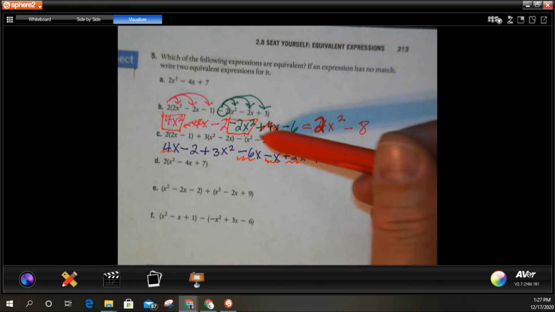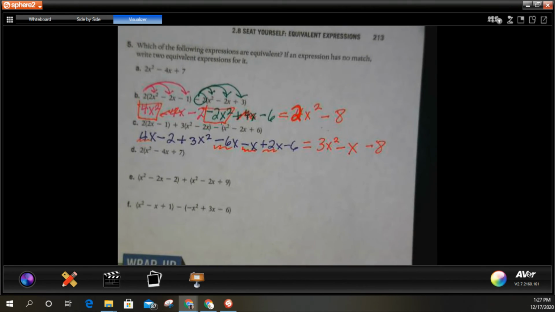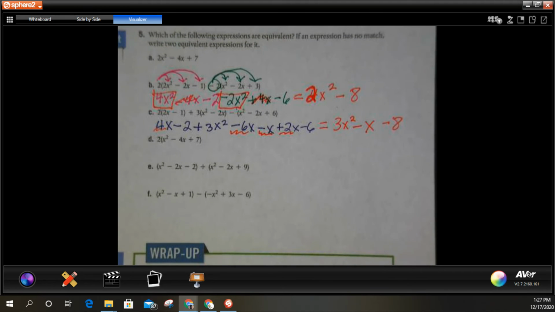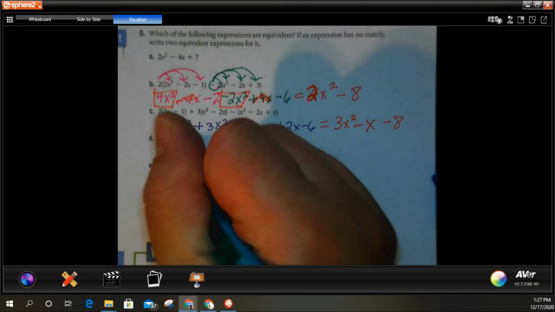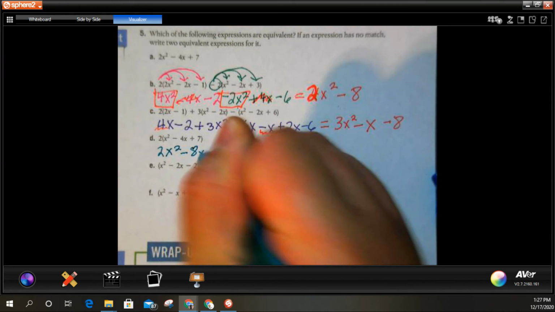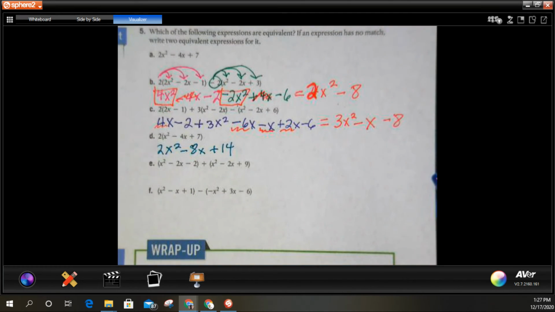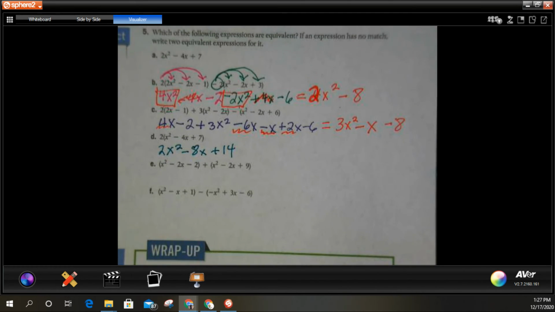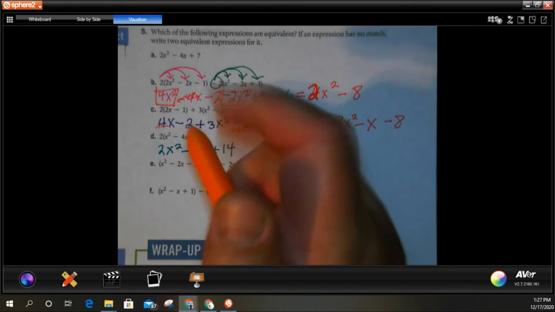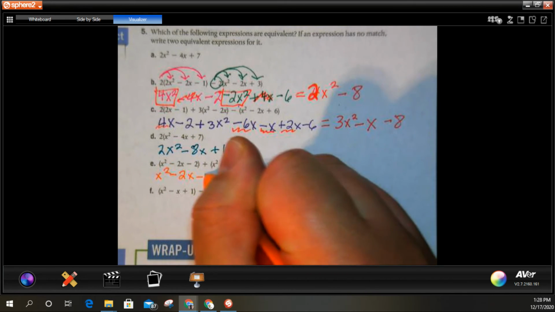x squared minus 2x minus 2 plus x squared minus 2x plus 9. Let's see, 2x squared, minus 2x minus 2x is minus 4x. Minus 2 plus 9 is a plus 7.